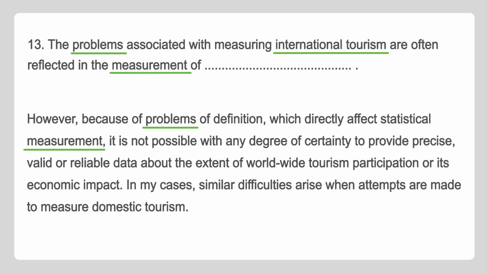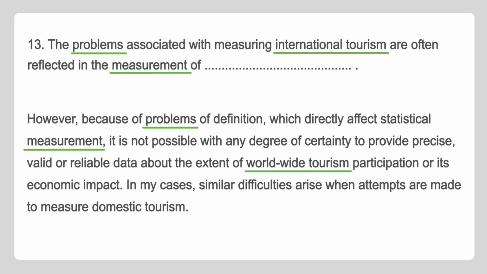It is not possible with any degree of certainty to provide precise, valid, or reliable data about the extent of worldwide tourism participation or its economic impact. Now, we have worldwide tourism here again, which is international tourism, right? So we have actually found our keywords here.